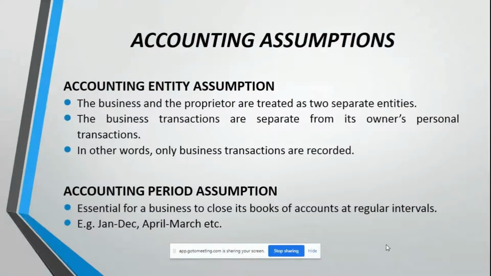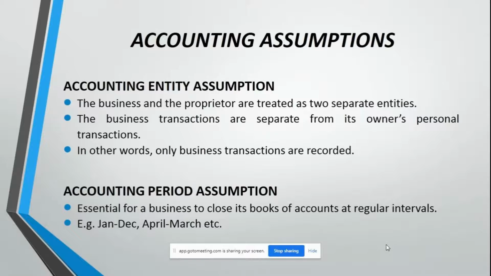Now the question lies here. We have the calendar year and the financial year, but what about those ages when they had neither of them? How did they balance the accounts, tally them, and prepare the financial statements?